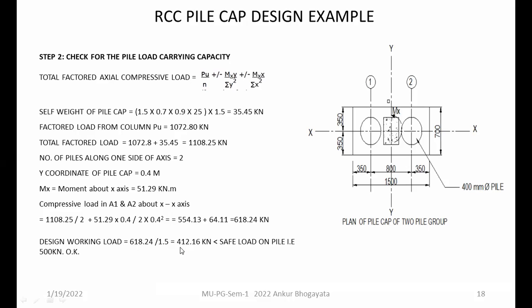Here you can see that it's nearly 400 kilonewton, and the safe pile bearing capacity is 500 kilonewton. Now this data will be provided by the pile designers, or the structural investigations have to be satisfied with the calculation prior to the design of the pile cap. So you have to obtain this data before you start designing this pile cap.